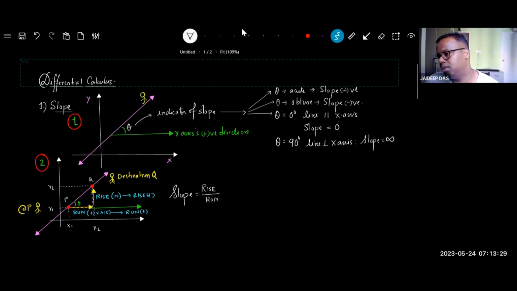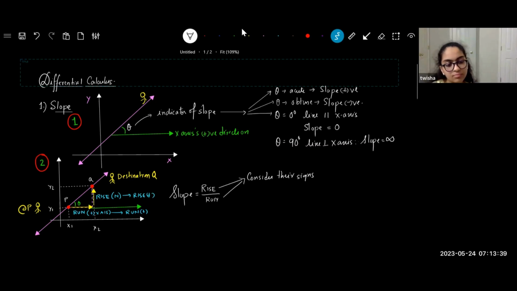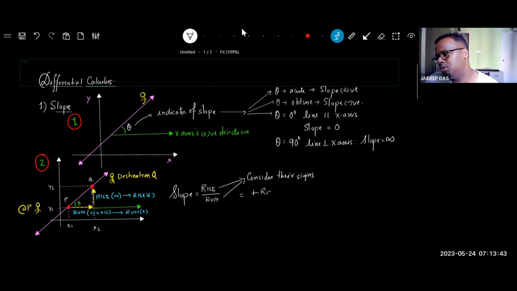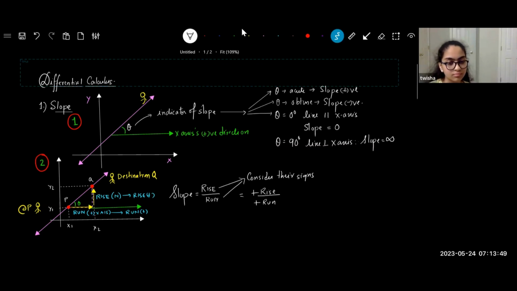And don't forget that whatever you're taking, rise or run, you should also consider their signs. So for this example, it would be a positive rise because you're rising north, followed by a positive run. Does it make it a little bit clear for you?